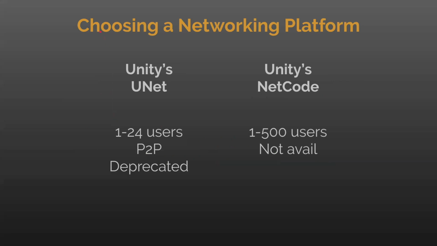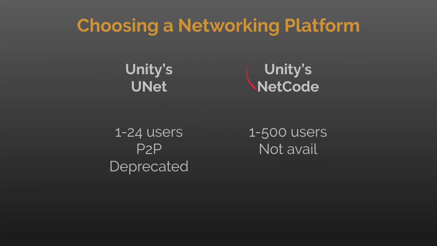Next thing we had to do is choose a networking platform. And so we looked at Unity's networking. They have an older system called UNet, and it's only designed for up to about 24 users, because it's peer-to-peer. It uses UDP. It's also deprecated. They don't really want to support it anymore.